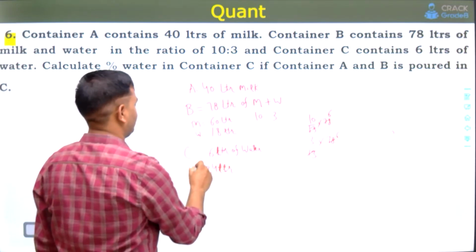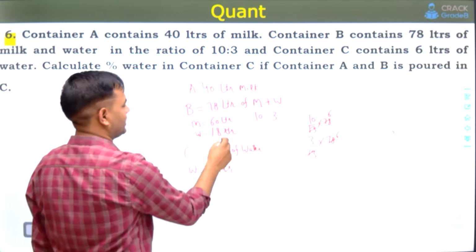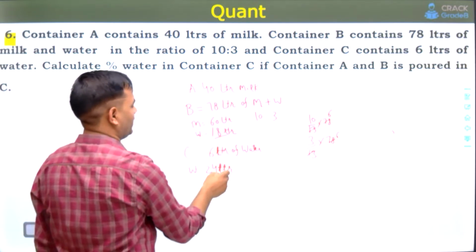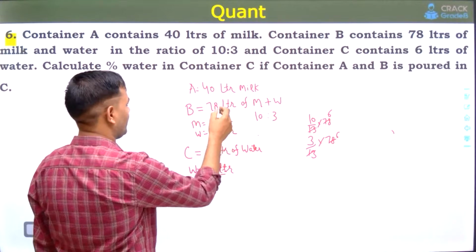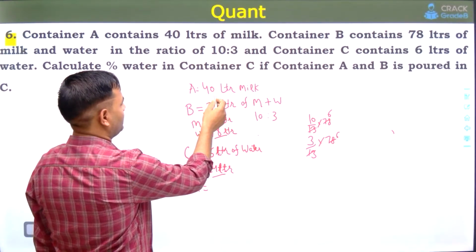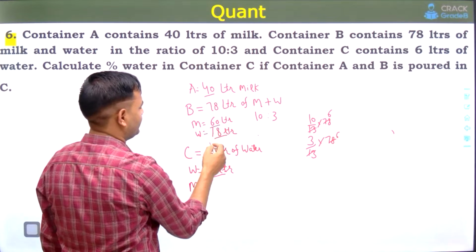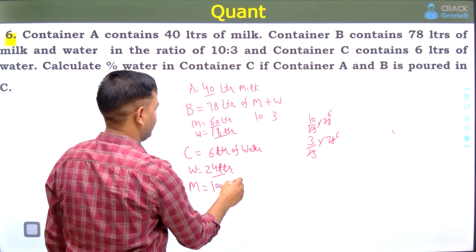When A and B are poured in, 6 and 18, 24 liter will be water, and milk will be 40 and 60, so 100 liter.